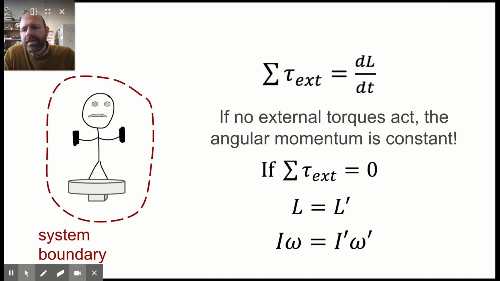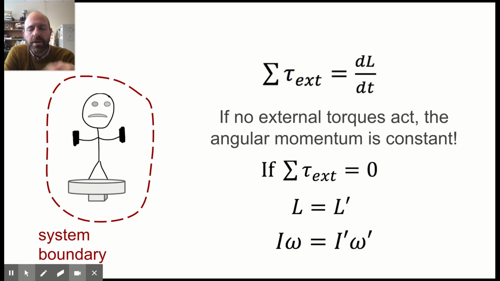When we think about a system, a classic example is a person on a rotating platform or surface with some amount of mass in their hands, and they can move it in and out. Moving the masses in and out will change the moment of inertia of the system. Since there are no net external torques, because the system includes the platform, the person, and the things they're holding, we should expect the angular momentum to stay the same.